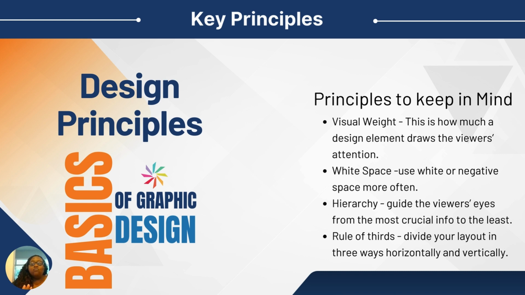Well, I hope that this session, where we covered the basics of graphic design, really gave you a lot of principles to think about, examples, and ways that you can really understand how to formulate your layout when it comes to designing your movie poster.